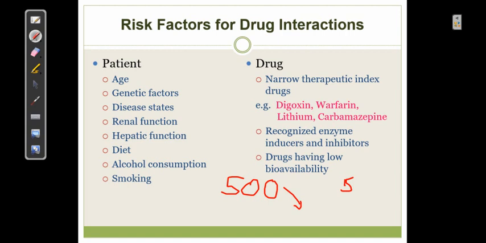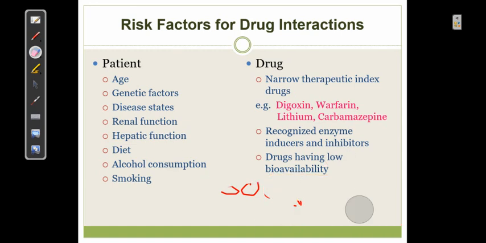Here a 10% reduction, even if it looks very small, has quite great effects. A reduction of a single milligram from 500, to 499, does not make much difference, but when you reduce 5 to 4, that is a 10% reduction. Such an effect could be observed where drugs have a low bioavailability profile.